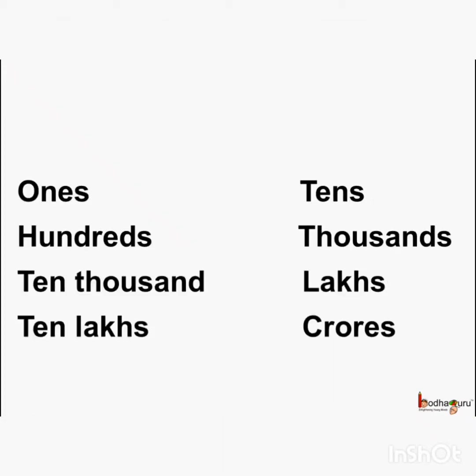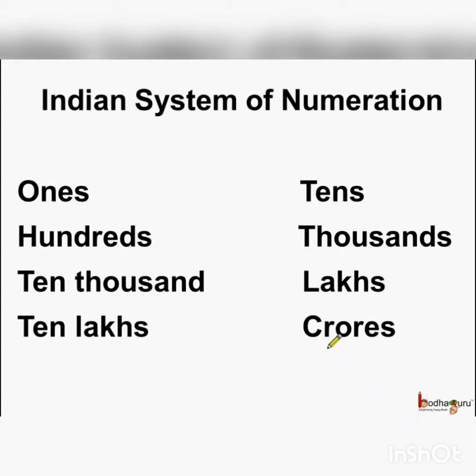So, when we are counting by ones, tens, hundreds, thousands, 10,000s, lakhs, 10 lakhs, crores, then we are using the Indian system of numeration. Here we make use of hundreds, thousands, lakhs, crores, etc.